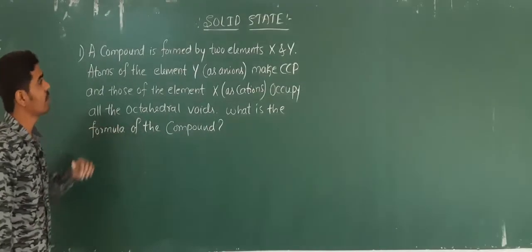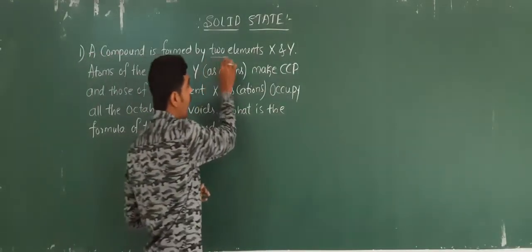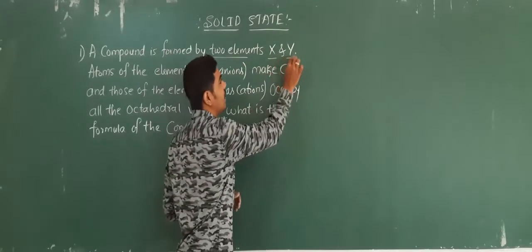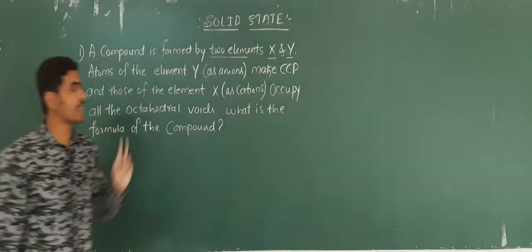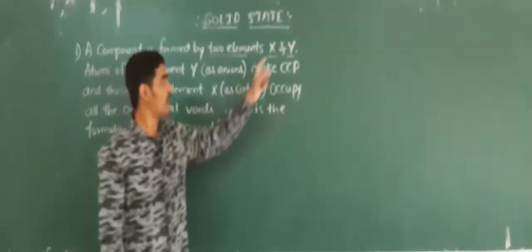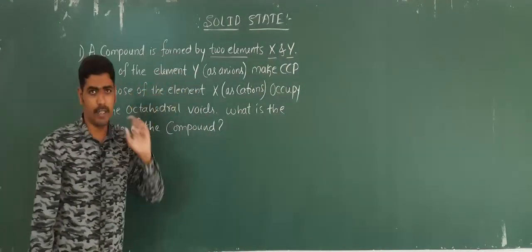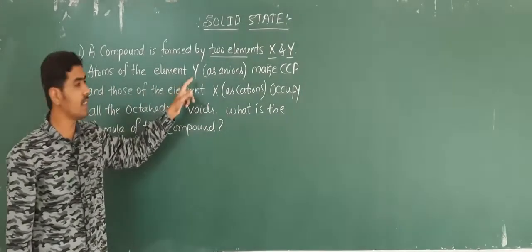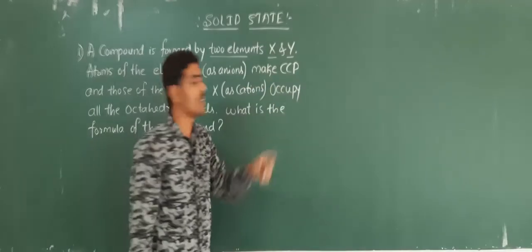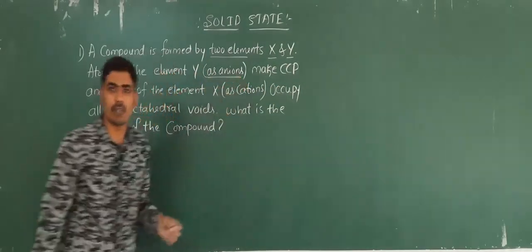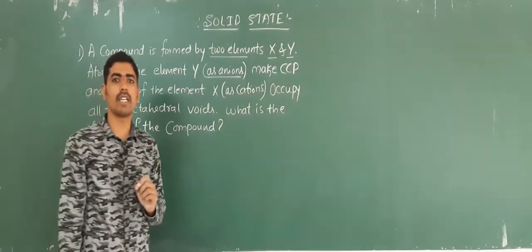What have they given? There is an ionic compound which consists of two elements X and Y. Atoms of the element Y will make CCP. Because it is an anion, as we already said, anions make the structure of the crystal lattice.